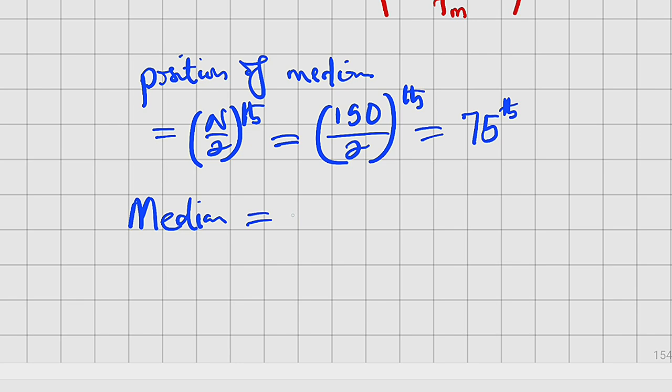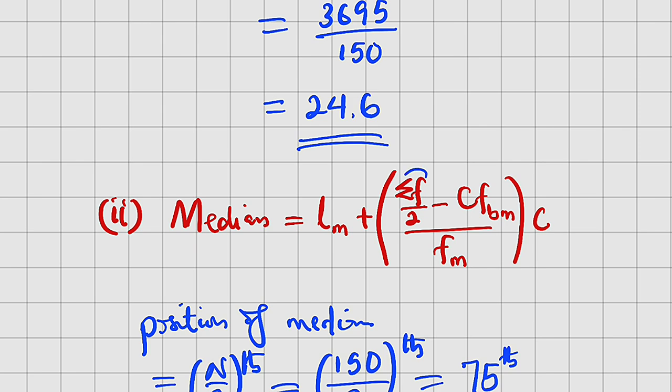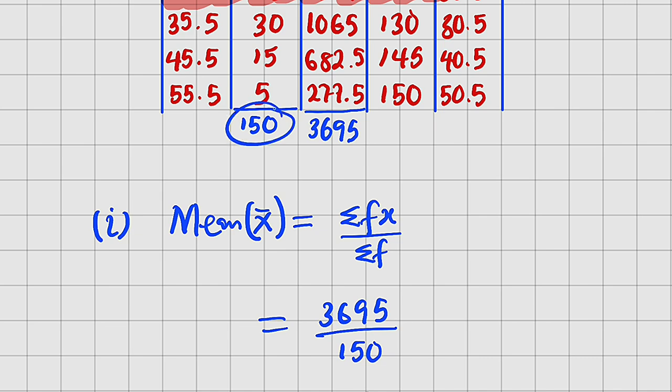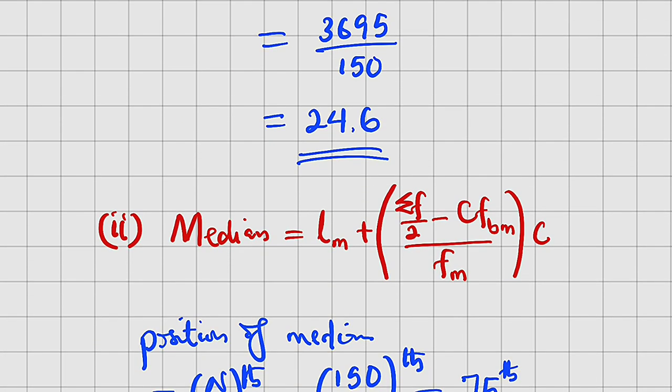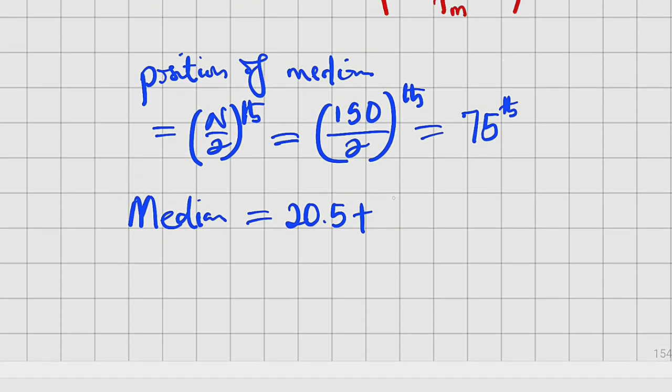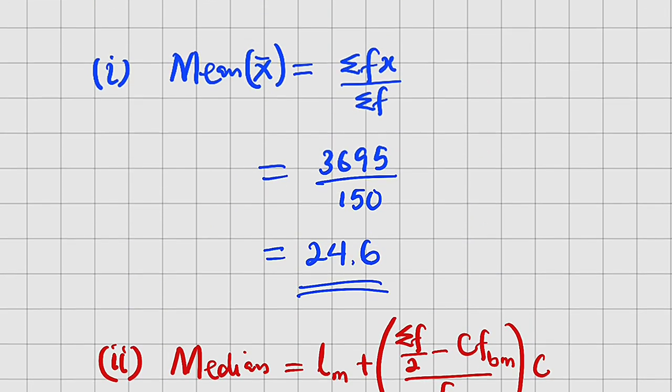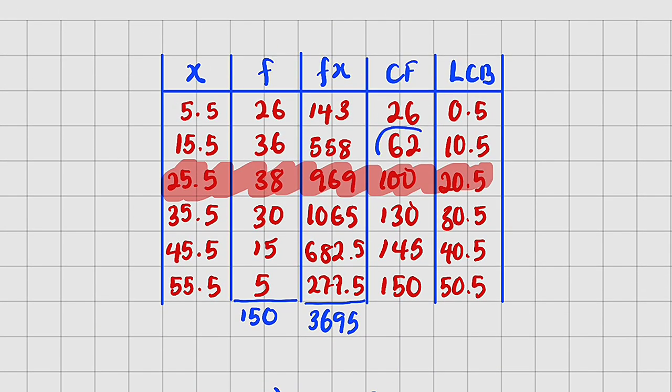is equal to the lower class boundary of the median class, which is 20.5 plus this divided by 2. Summation of f, remember summation of f is what? 150, and once you divide it by 2, you get 75. Or should we write it all? So let's write 150 divided by 2 minus cumulative frequency before the median class.